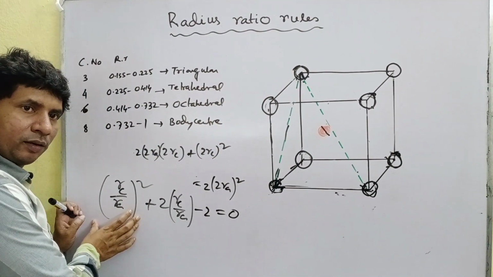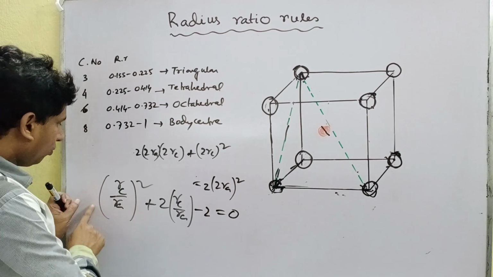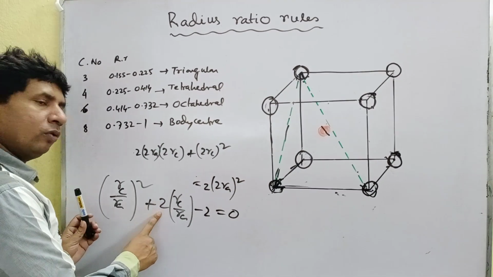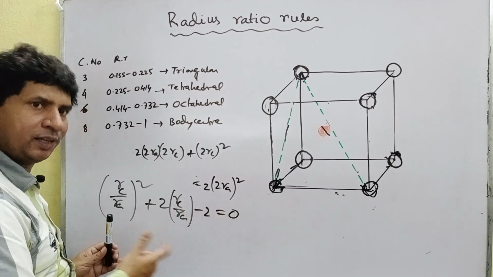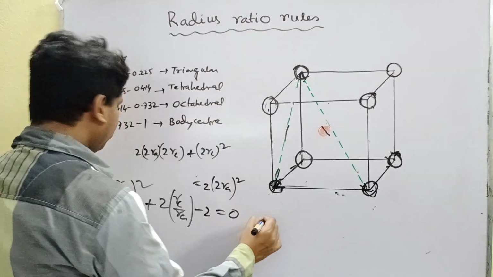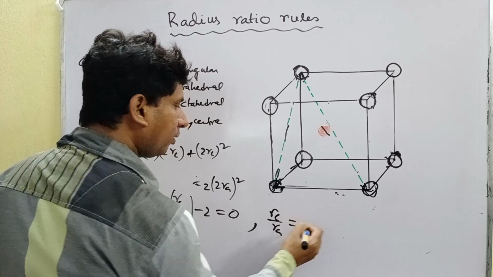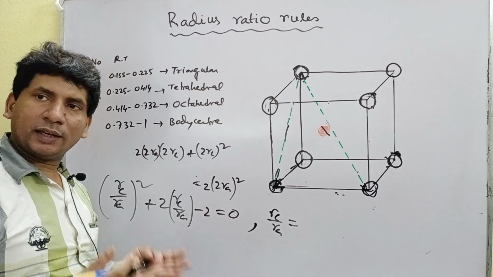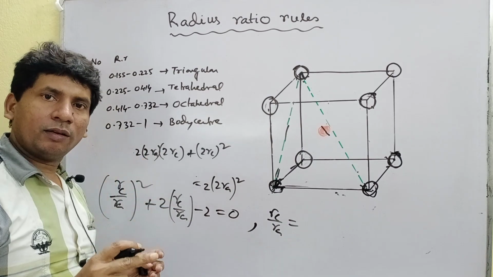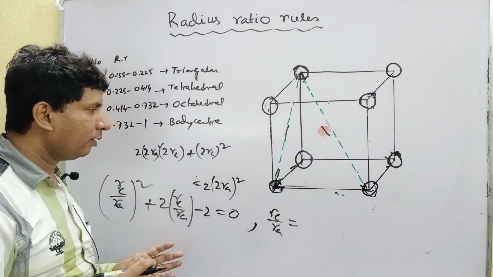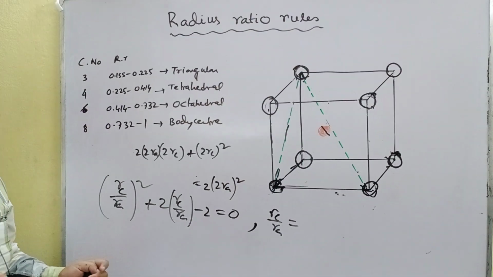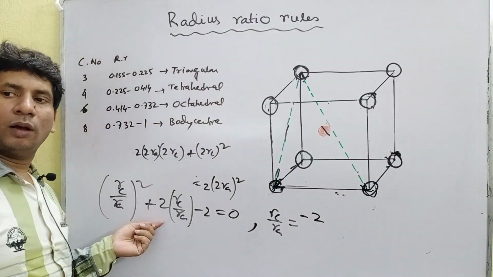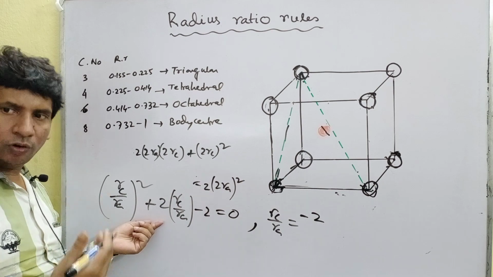Here x is RC by RA, the value of a is 1, then 2x minus 2. Then RC by RA equals minus b plus or minus root over b squared minus 4ac, by 2a. Then it will be minus b, that is minus 2, plus or minus, and it will be only plus.